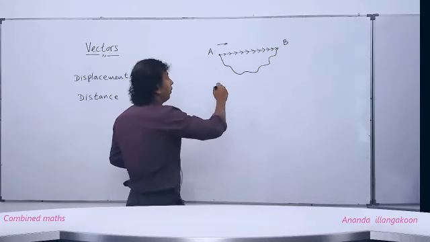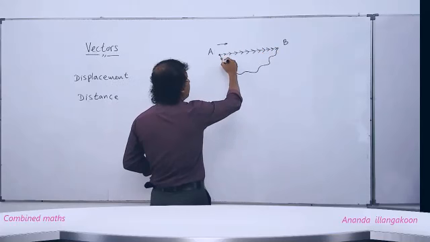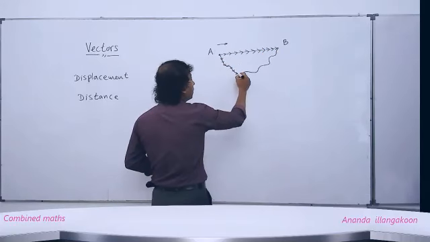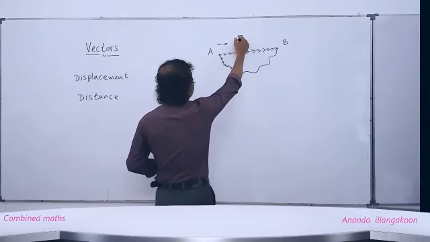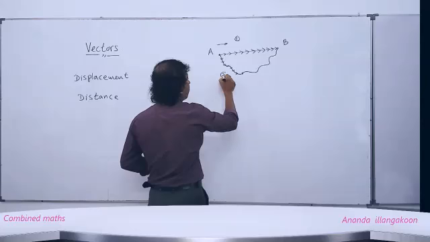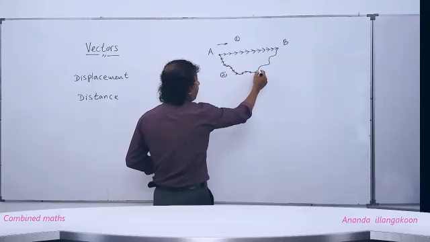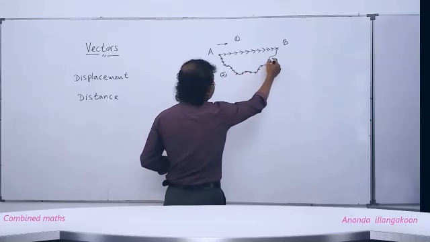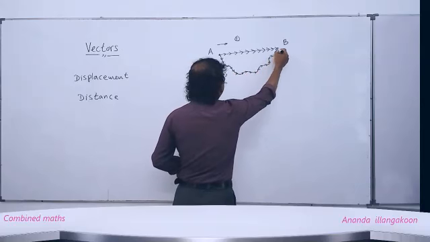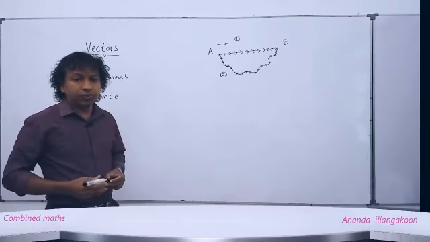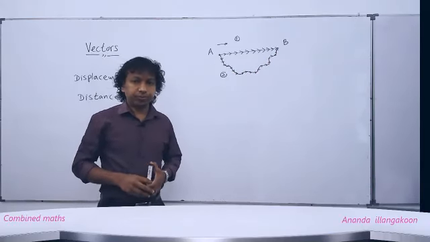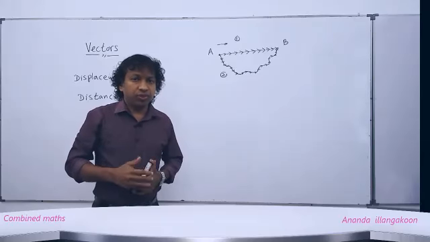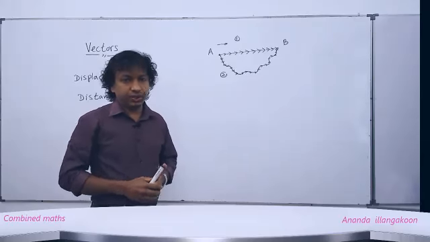Now, suppose this is the first track and this is the second track. The second guy, when he is walking along this path, people, you can very clearly see his direction of motion is not definite. The direction is always changing.